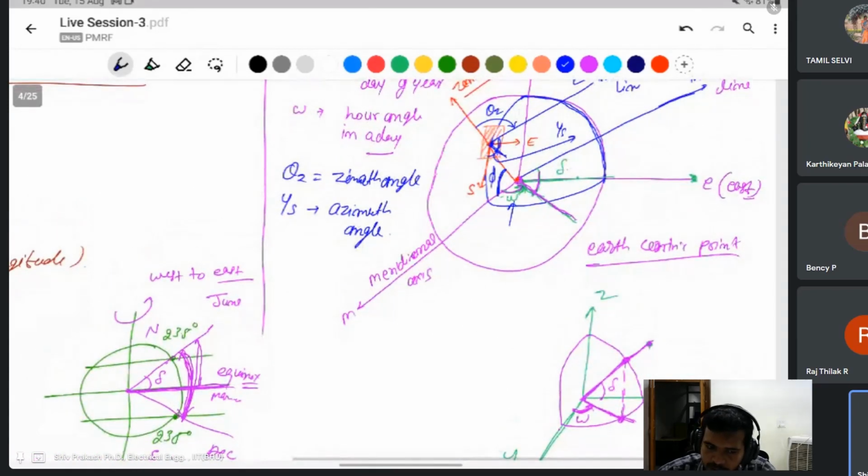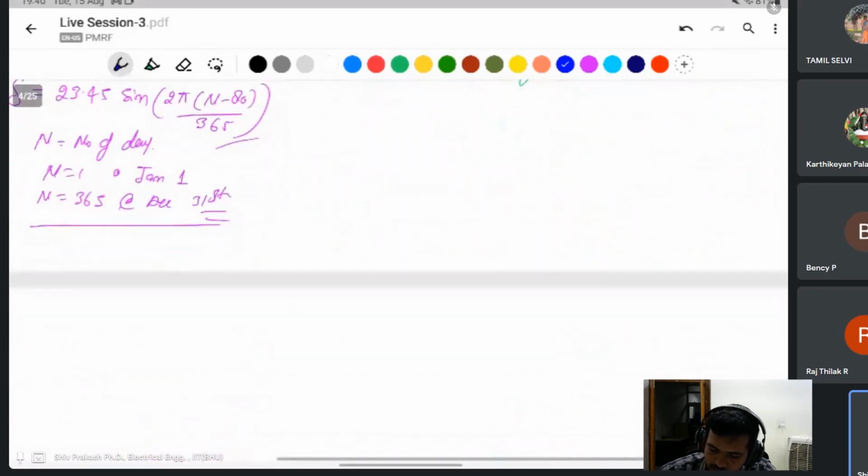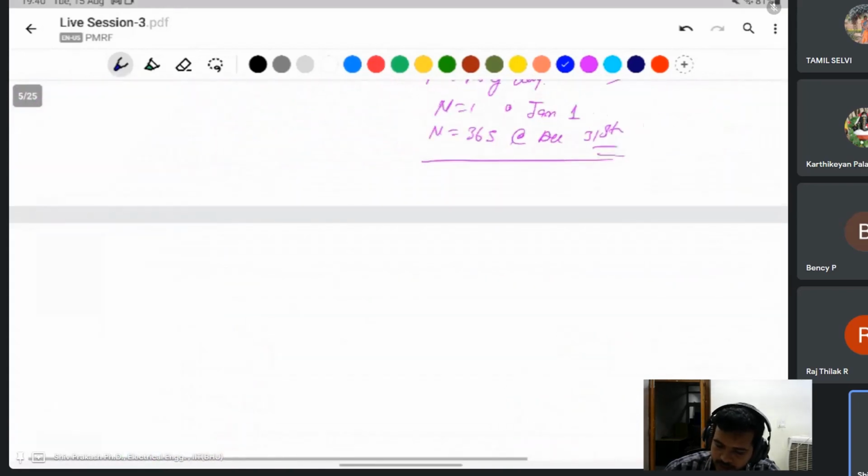And this one is the local surface, the local centric coordinate system, you can say. I define it again here.